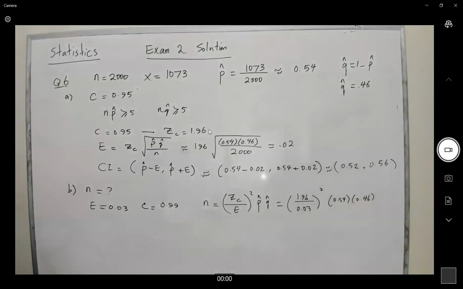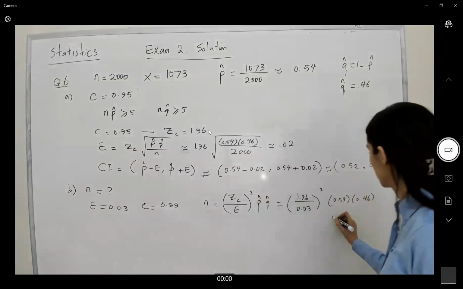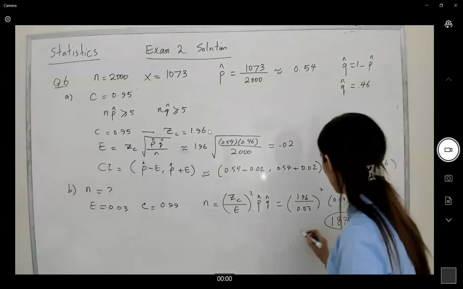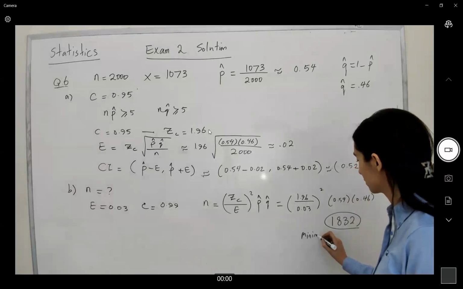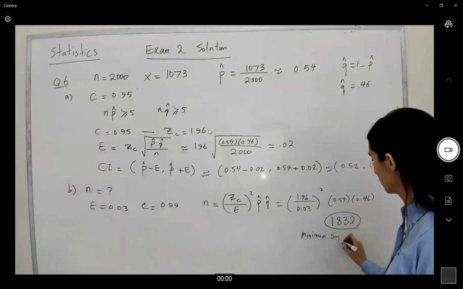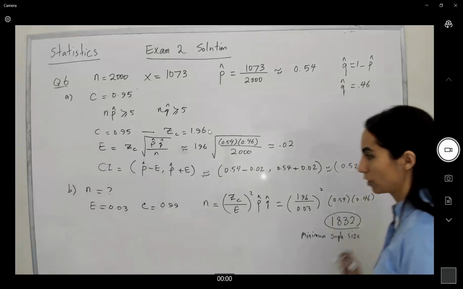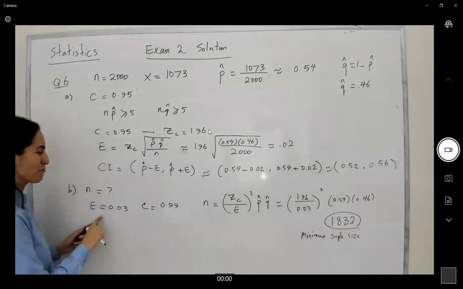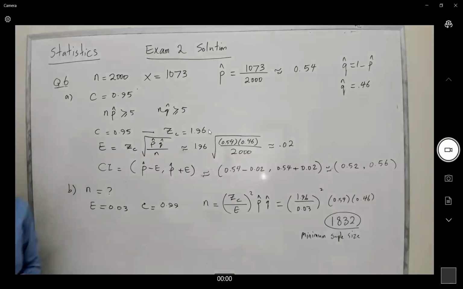It's going to be 1,832, the minimum sample size to get a confidence level of 99% with margin of error of 3%.